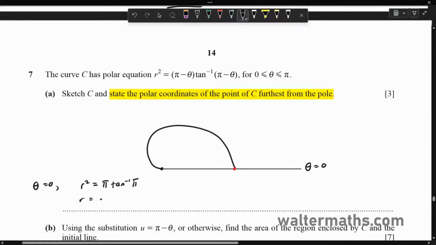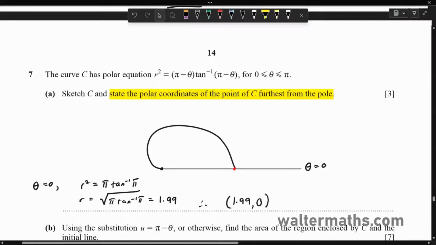So r will be the square root of that, which comes out as, to 3 SF, 1.99. Alright, so therefore the coordinates will be 1.99 and theta is 0. So that's the answer right here to part A.